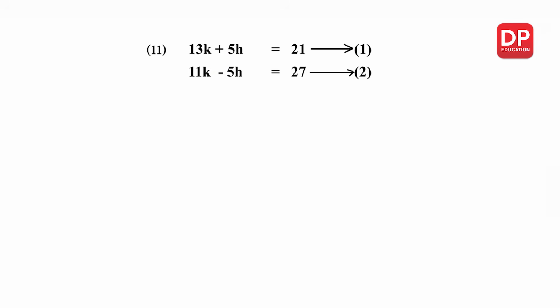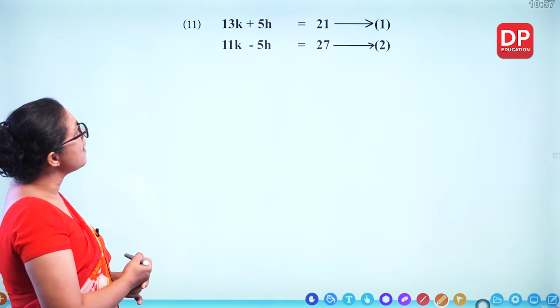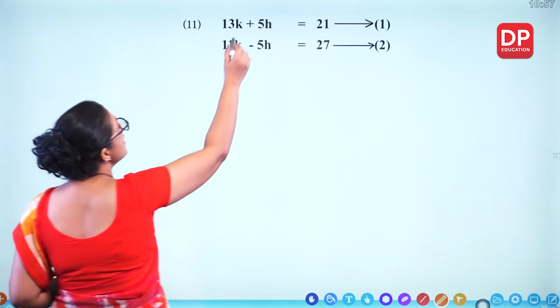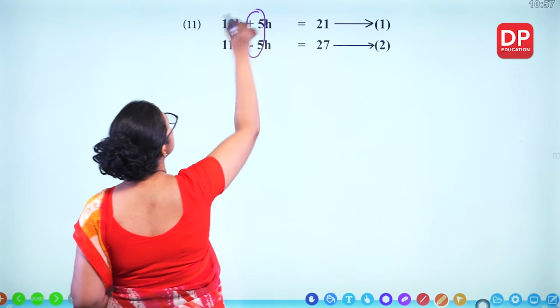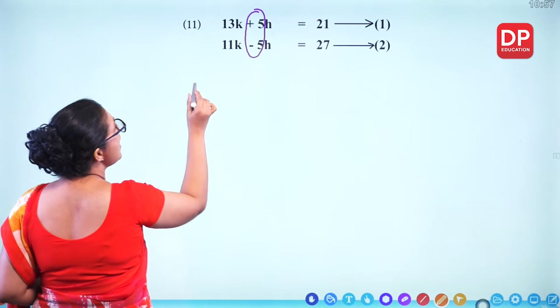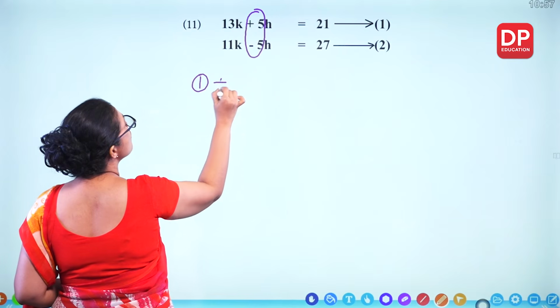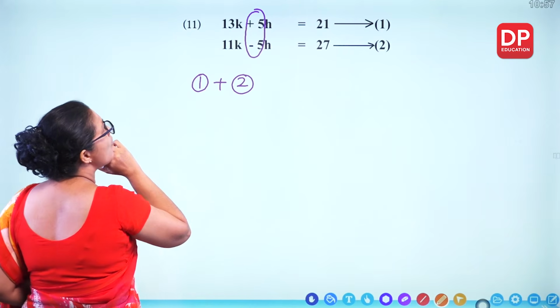Look at this equation. Plus 5h and minus 5h. Different signs, we add the two equations. So you have to add 1 and 2.